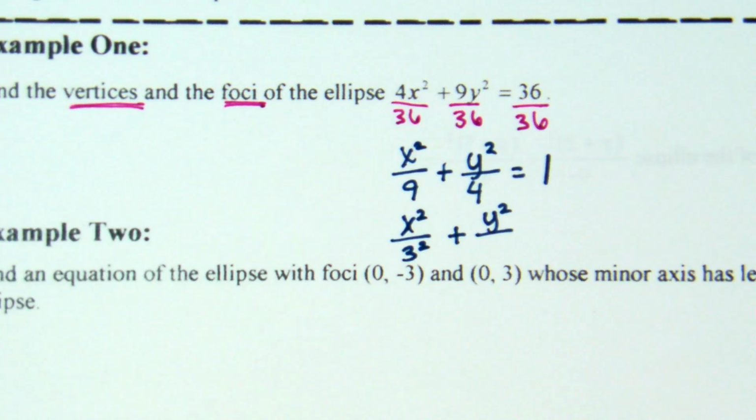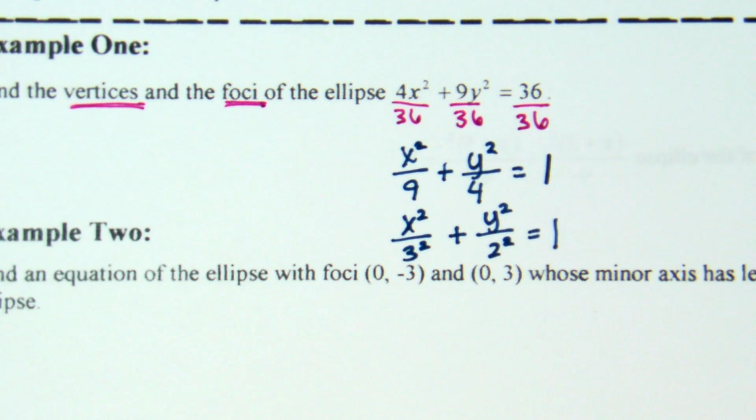My reasoning for doing that, what did we just find? A and B. Now, the question does become, how do I know whether X or Y should go first? And what I will say, in an ellipse, A is always your bigger value.